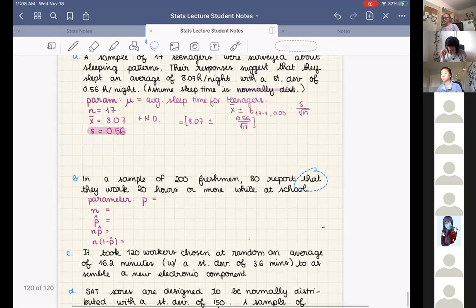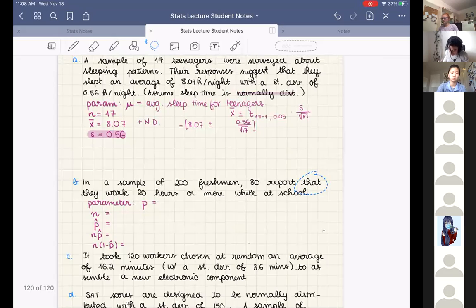Okay. So if this is the case, I'm going to try to find t with 17 minus 1 degrees of freedom at 0.05, which means the value that separates the top 5% from the bottom 95%, where the number of degrees of freedom is 16.